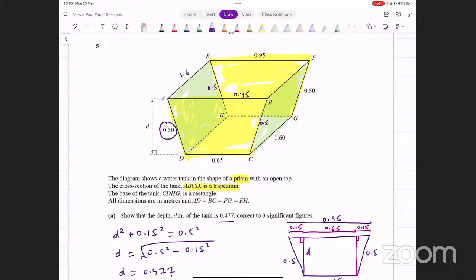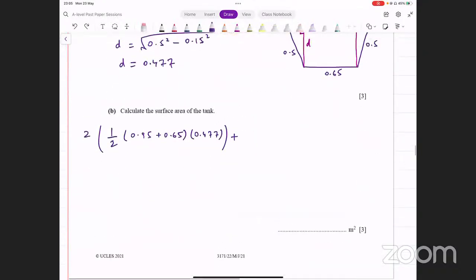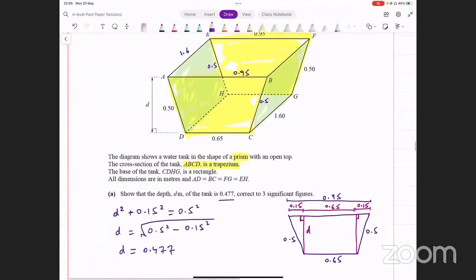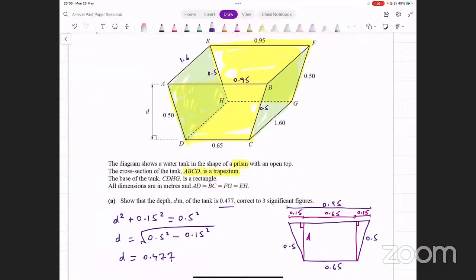So this is also 1.6. आपके पास sides हैं उनकी, दोनों rectangles हैं. 1.6 and 0.5 are the sides. उनके areas निकाल के उसे 2 से multiply कर दें because they're both the same. ठीक है? So let's do that. The rectangles 2 into 0.5 and 1.6. ये दोनों rectangles के areas आ गए, जो sides वाले rectangles हैं.